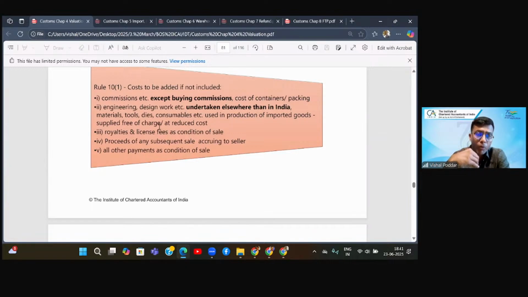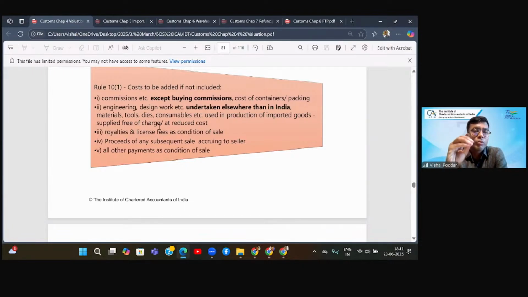So if the importer, that is you, have yourself sent me some raw material, some components, and you have asked me to use this in this particular final product, obviously you would have given me all these things free of cost. The cost is to be added to your product. That will be included in Rule 10.